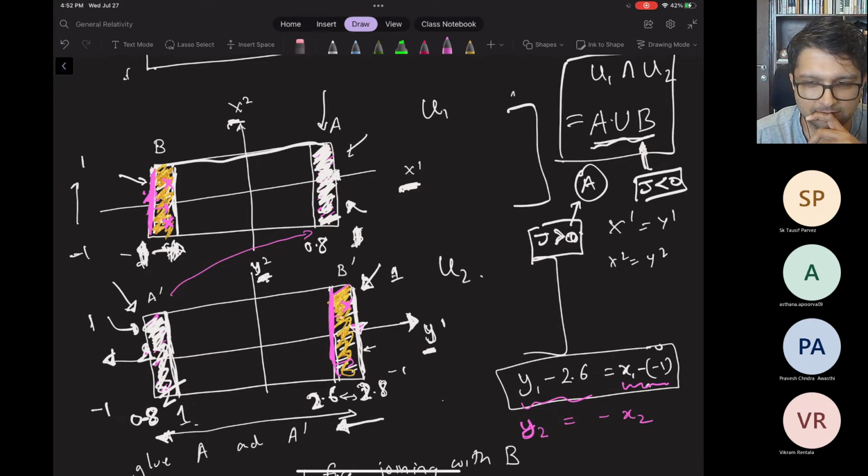Is that okay? Yes, sir. If I consider B prime, the bottom point of B prime is mapped to the upper point of B. So that's why that minus.